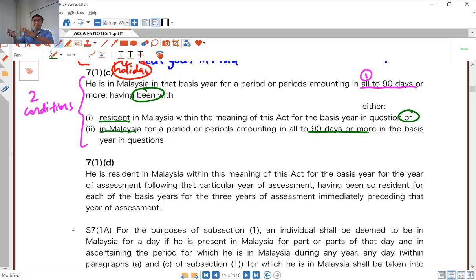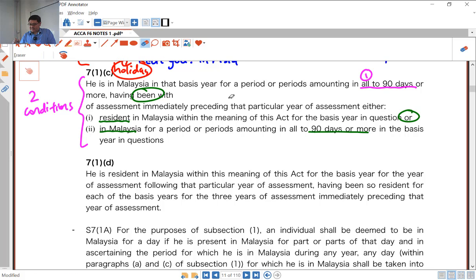So, been talks about your past. It says that in the past, you've been a resident or you have 90 days. But when you say the past, the next question is, which past? Is it 10 years ago or 20 years ago? So you have to give us an indication of being a resident or 90 days, when? Give us a time to consider.